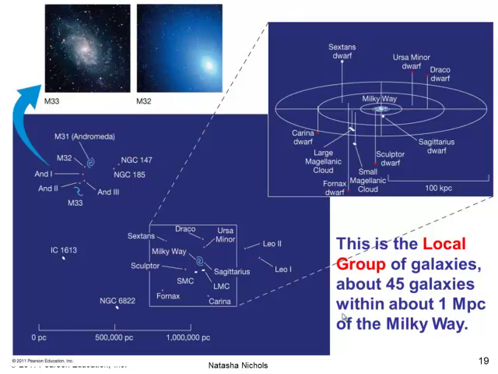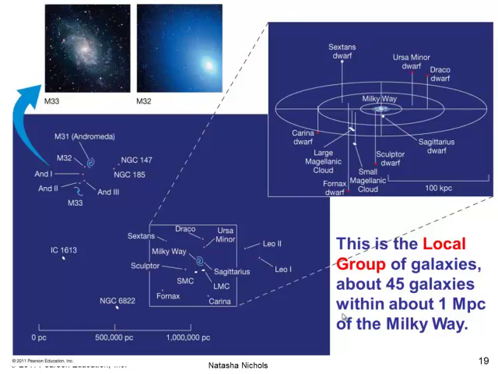Now, the Milky Way galaxy is part of what we call the local group, which is made up of nearly 50 galaxies within about 1 megaparsec from our own galaxy. Only a few are spirals. Most of the rest are dwarf elliptical or irregular galaxies, and only some are shown in these pictures here.